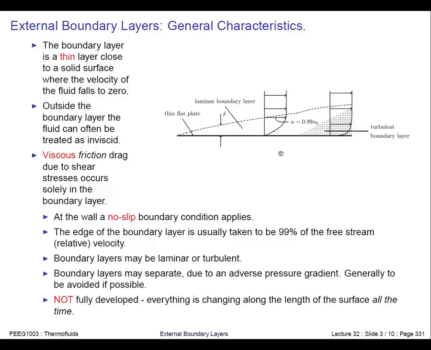Okay, and so the tricky thing about an external boundary layer is that wherever you look at it, it's always different. So nothing is the same along an external boundary layer, and this gives us a lot of complications if we want to work out the drag on these kinds of surfaces.